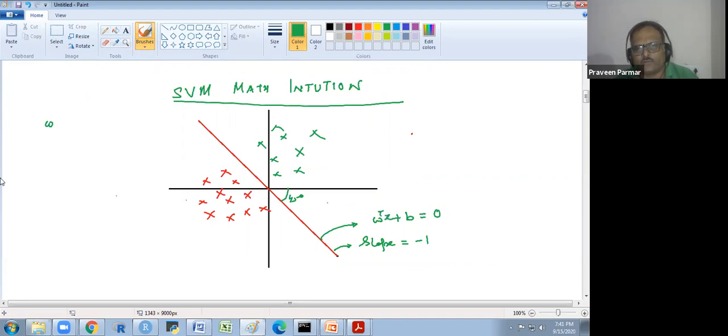Here there is no intercept. The intercept b is 0, and we know that the slope is minus 1.